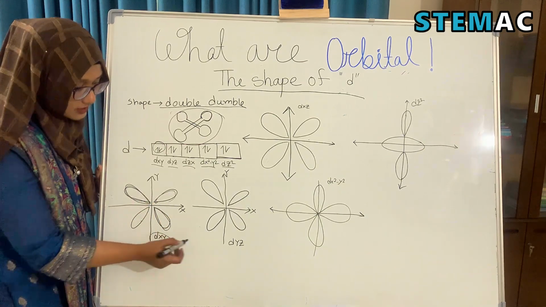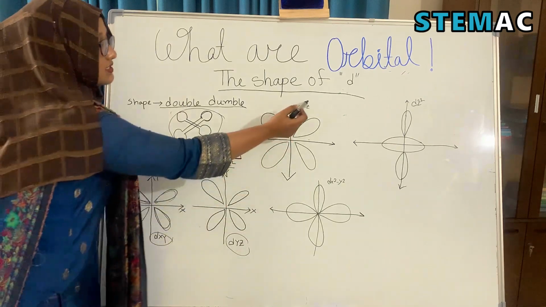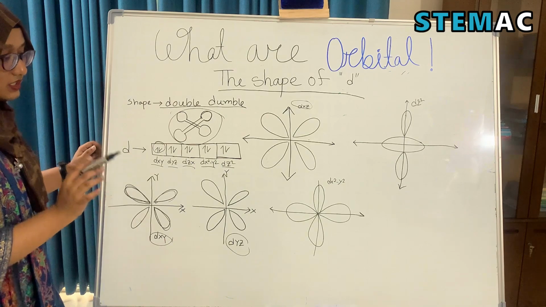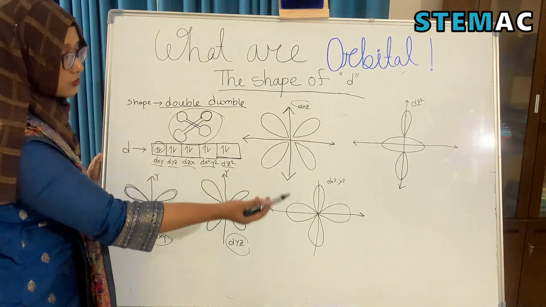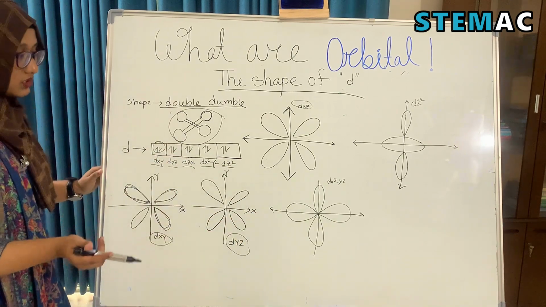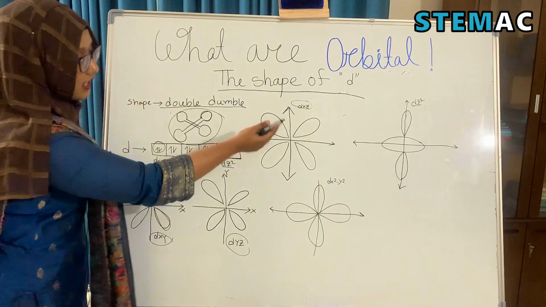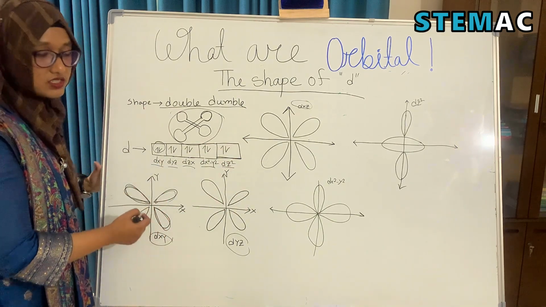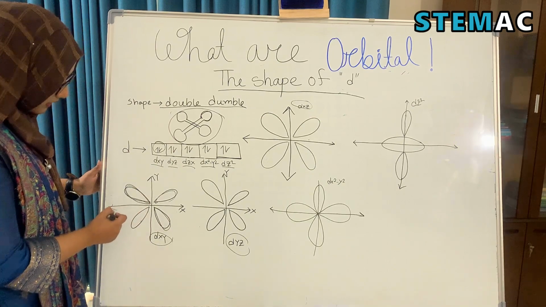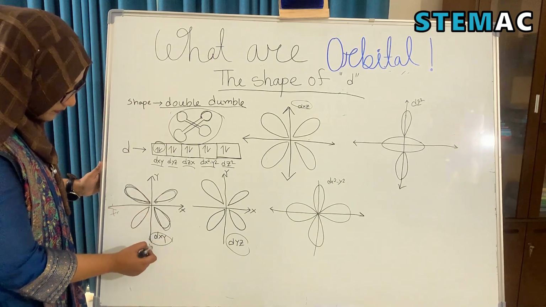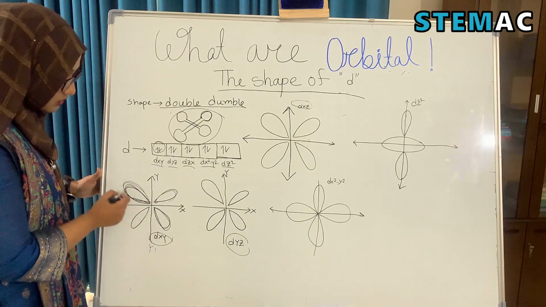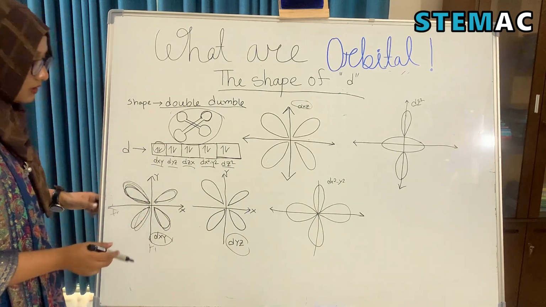In case of dxy, dyz and dzx, we have a similar shape, but in case of dx square minus y square the shape changes. In that case we have the x and y axes. In the middle we got this shape, with a dumbbell in the middle here as well.